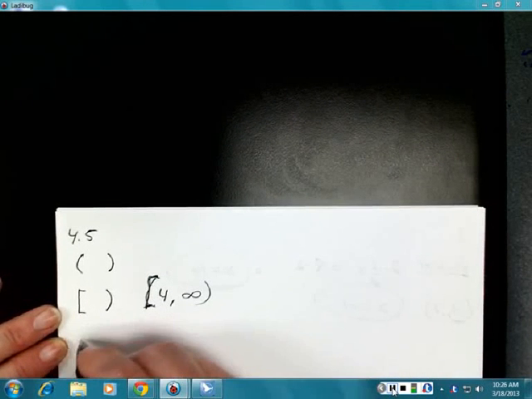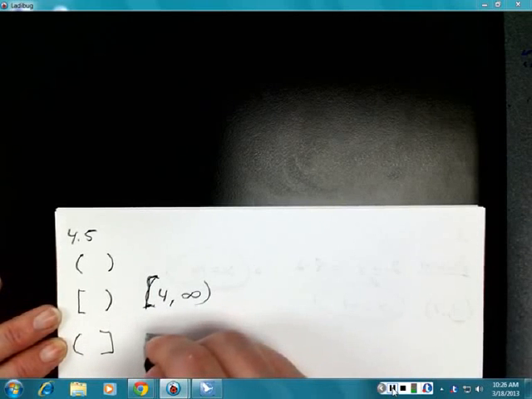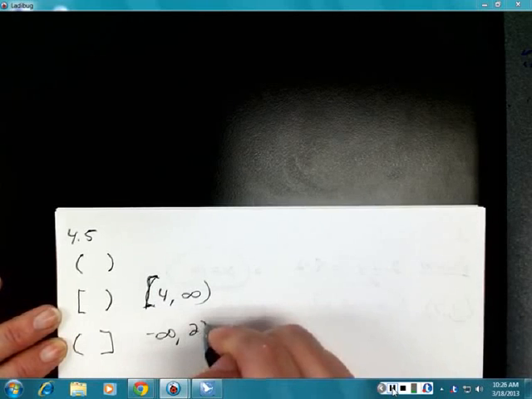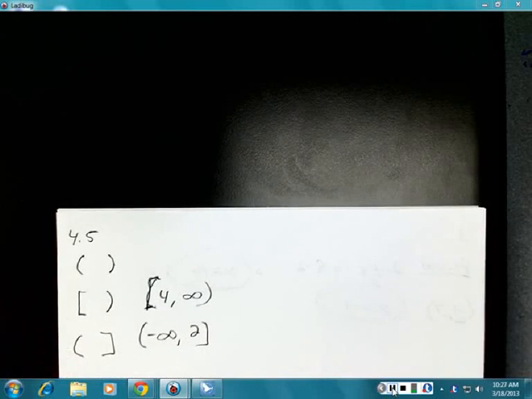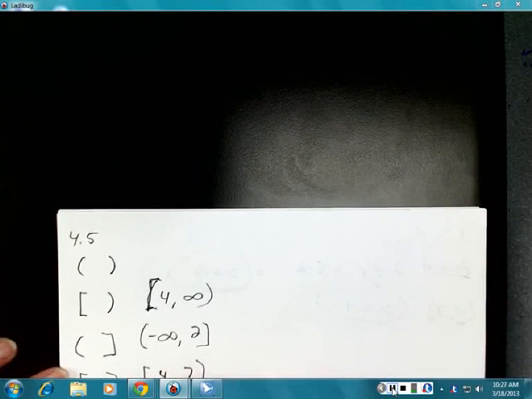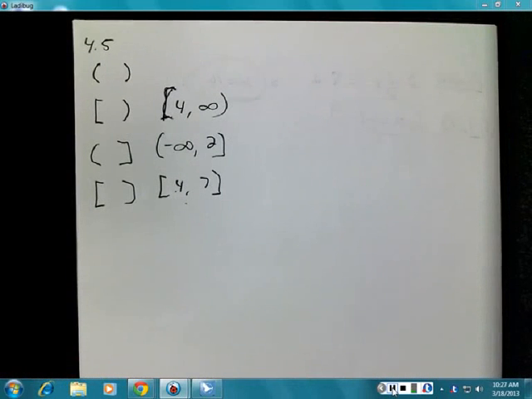The other is that you have a parenthesis and a bracket, and that one's usually negative infinity to 2, meaning that I include the 2, but I don't know where infinity ends, and so I have that piece at the tail end. And then the last one is a bracket to a bracket, and that's usually 4 to 7, and that's saying it only consists of between 4 and 7, okay, as my pieces to those.